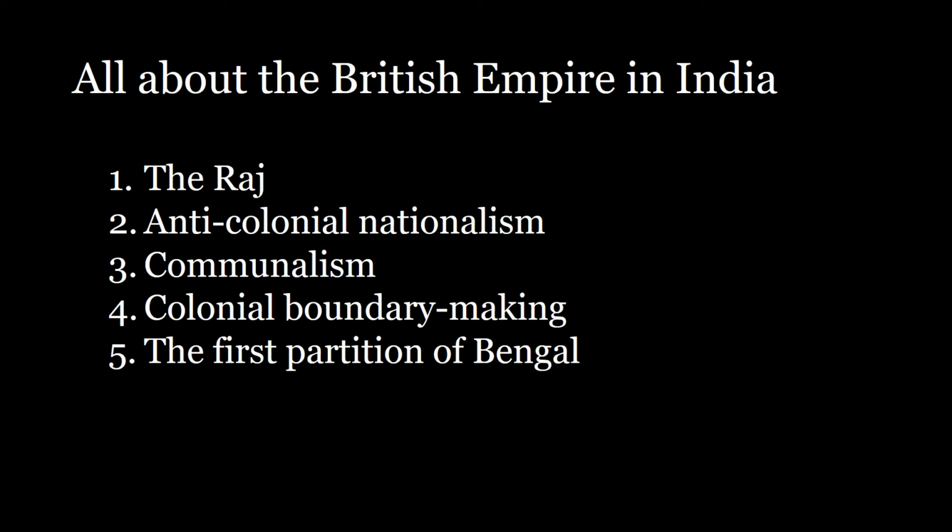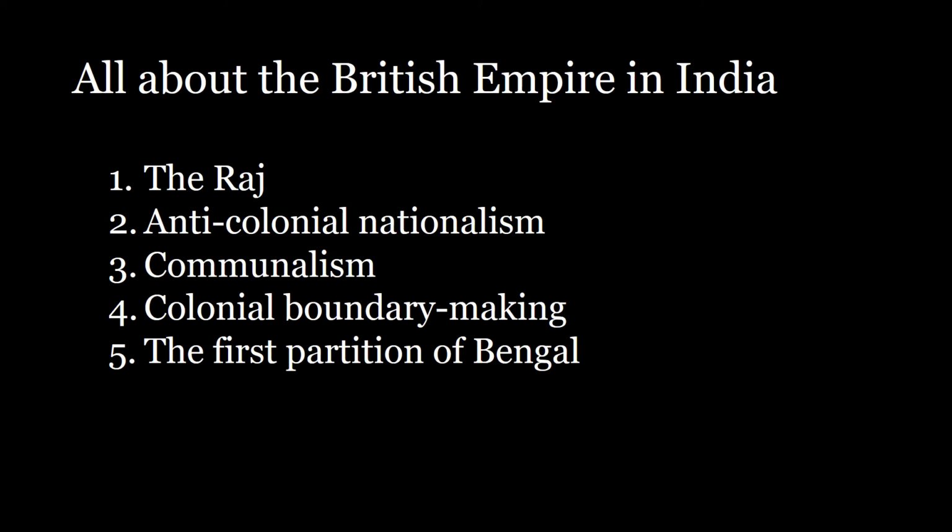And then really importantly, because partition was based on drawing a boundary between two religious groups, I'll talk about the rise of communalism in India. This is the rise of an ideology that believes that there are fundamental, irreconcilable differences between different religious groups. And then I'll talk about older practices of colonial boundary making that appear in the 19th century, and those forms of boundary making reappear in 1947 at the partition of India and Pakistan.